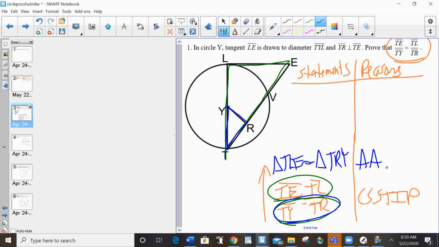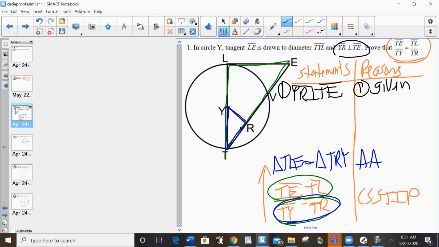So now I can start from the beginning. I know that I'm proving the blue and the green triangle. So what givens do I have here? I see YR is perpendicular to TE. Given, nothing else useful. So I know that perpendicular forms right angles, YR and TE.